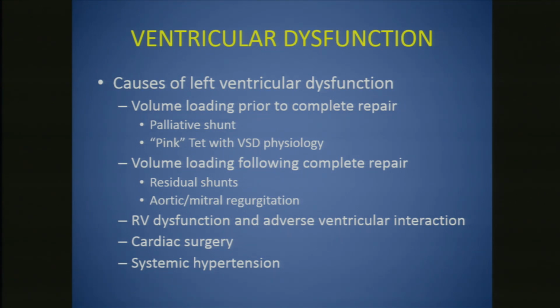Aortic regurgitation is fairly common in tetralogy, particularly in those patients who had palliative shunts prior to their complete repair. RV dysfunction is an important cause of left ventricular dysfunction, and if you have chronic pulmonary regurgitation and right ventricular enlargement, you have adverse septal interactions between the two ventricles.